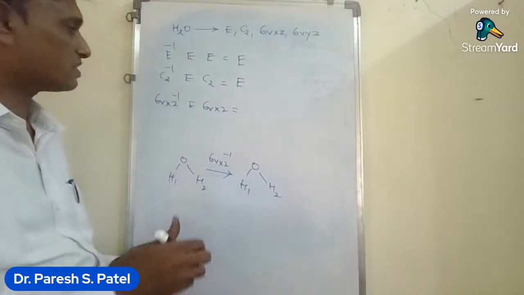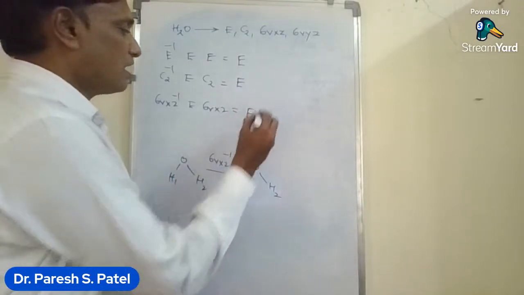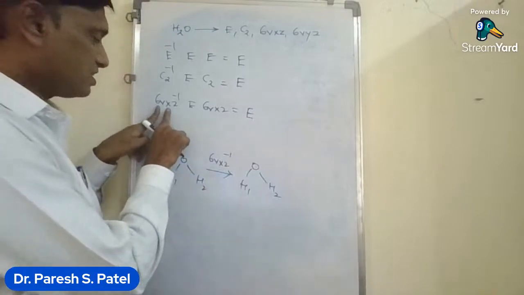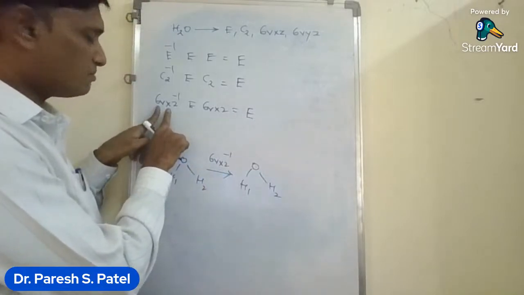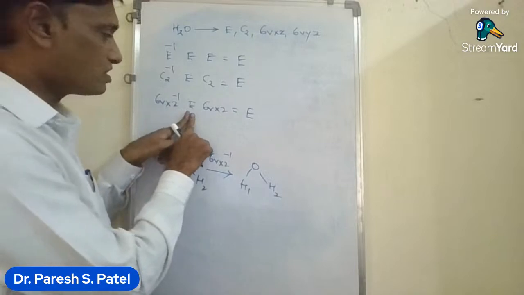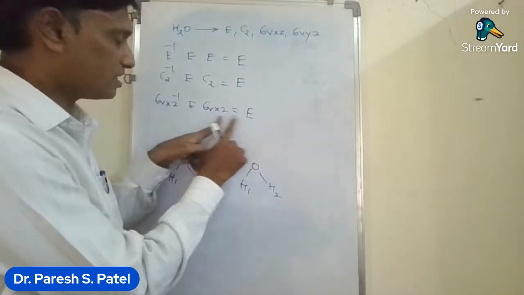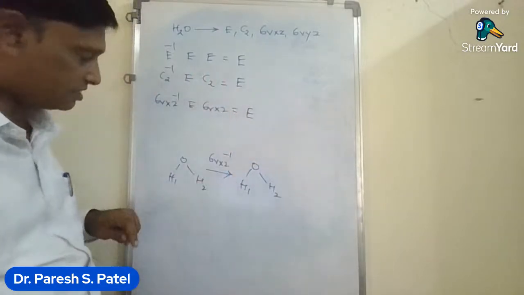H1 and H2 remain as they are, so it is equal to identity. Why identity? Because there is no change by operating sigma Vxz inverse. Again no change, so overall it is identity.